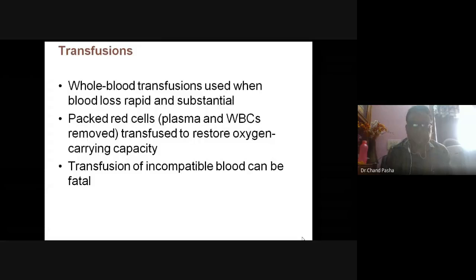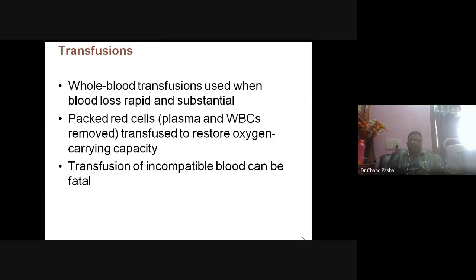So blood transfusion is the transfer of blood from one person to another person of the same group, or compatible blood grouping persons. When blood loss is rapid and substantial damage has occurred, in that case whole blood is transfused. In some cases, packed cells, plasma or WBCs are transferred whenever you require transfusion to restore the oxygen carrying capacity.